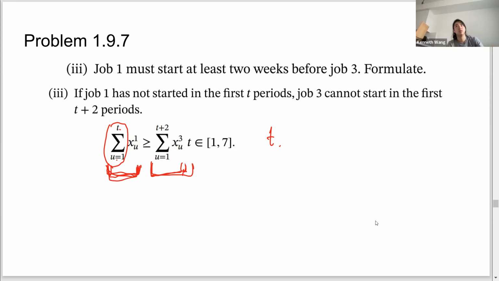This is what this expression is telling. This is an indication of the fact that job 1 has been started before time T, and this is the indication that job 3 has been started before T plus 2, right? Because this thing is equal to 1 whenever there's some u for which x u1 is equal to 1 in the past.